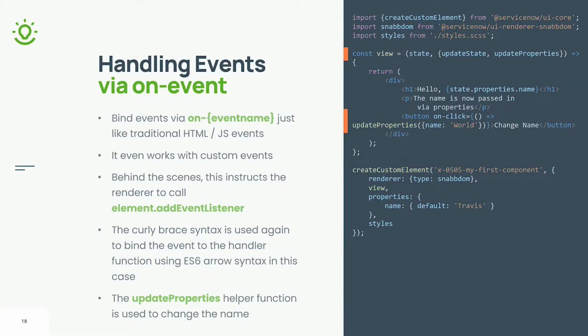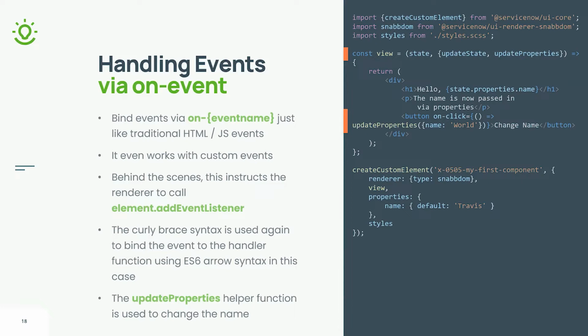Components are a little bit more straightforward. So once again, we're going to be using that view function. Everything basically goes inside this view function. It makes things very easy. And instead of the ng magic, you're actually going to bind events using on-event name, just like you would traditional HTML and JavaScript events.